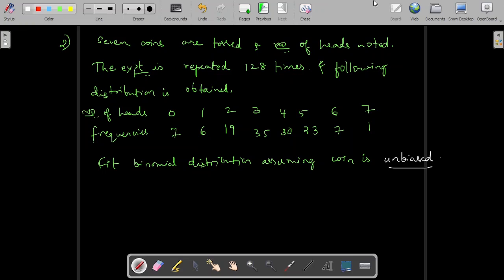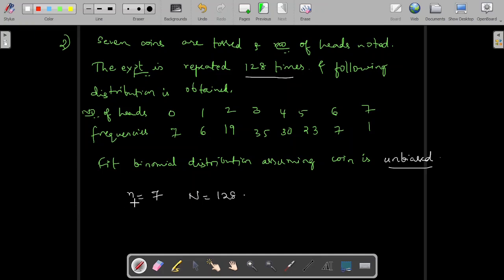See the second question. 7 coins are tossed and the number of heads noted. The experiment is repeated 128 times. So 7 coins tossed means small letter n equal to 7, capital letter N equal to 128. Fitting of binomial distribution is applicable when a random experiment of n Bernoulli trials is repeated N times.